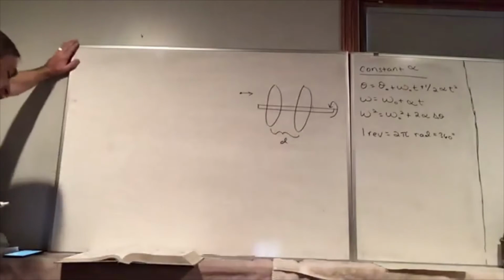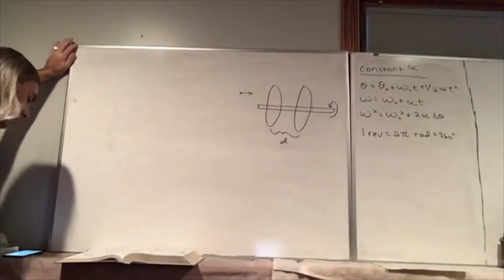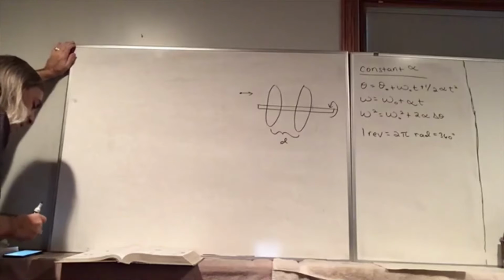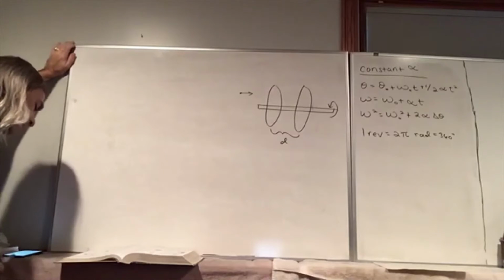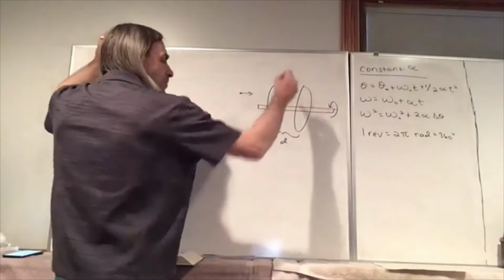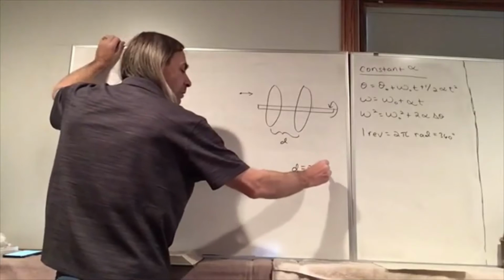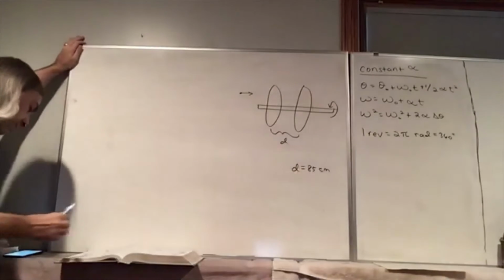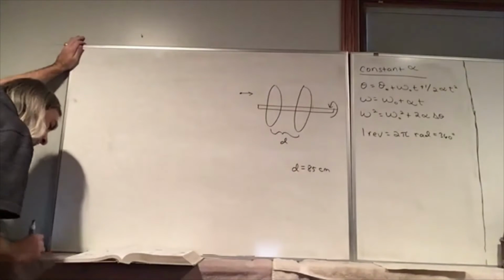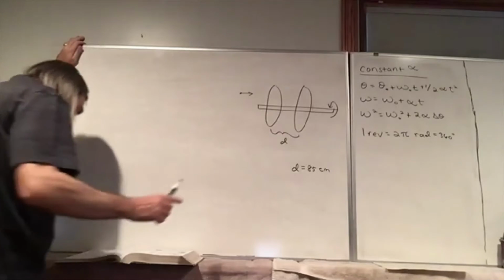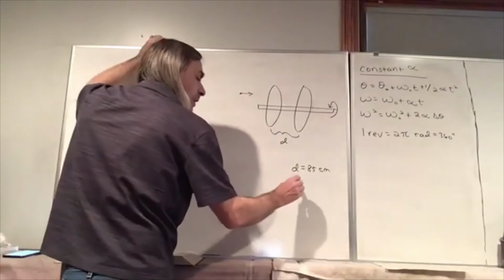The drawing shows a device that can be used to measure the speed of a bullet. The device consists of 2 rotating discs separated by a distance of 85 centimeters, and rotating with an angular speed of 95 radians per second.